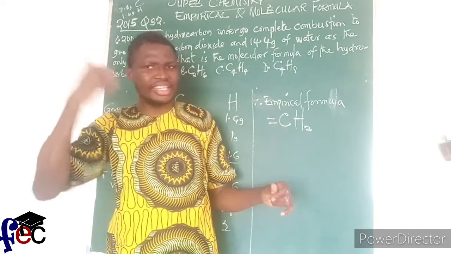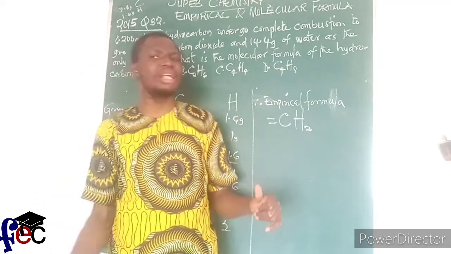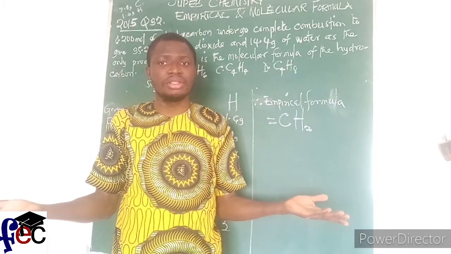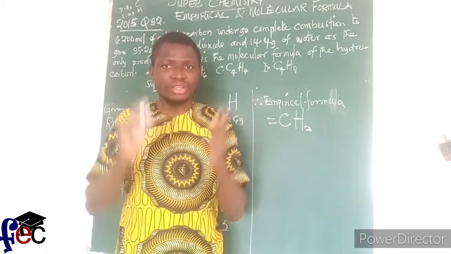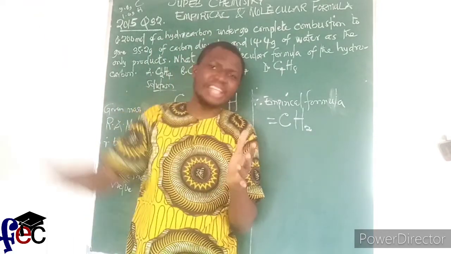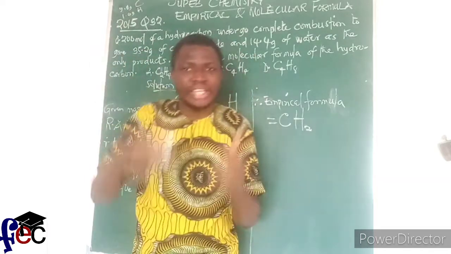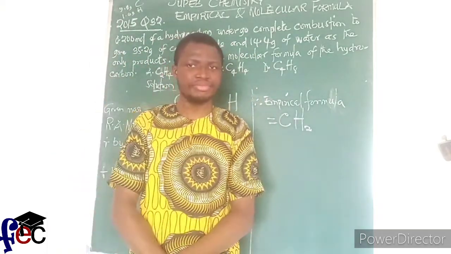And can I get the relative molecular mass of the molecular formula? I can, provided the information given to me will help me. So it's either they give me vapor density that will help me get the relative molecular mass, or they give me the relative molecular mass directly.